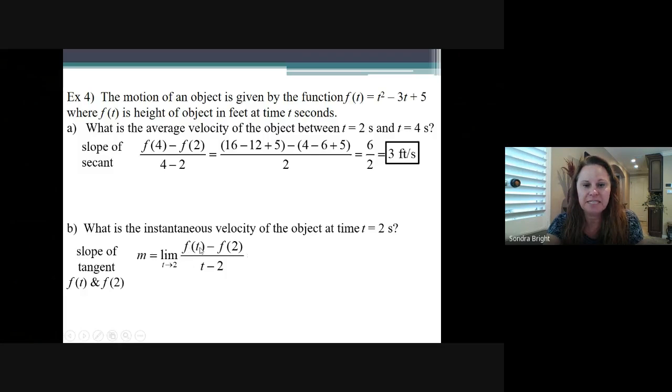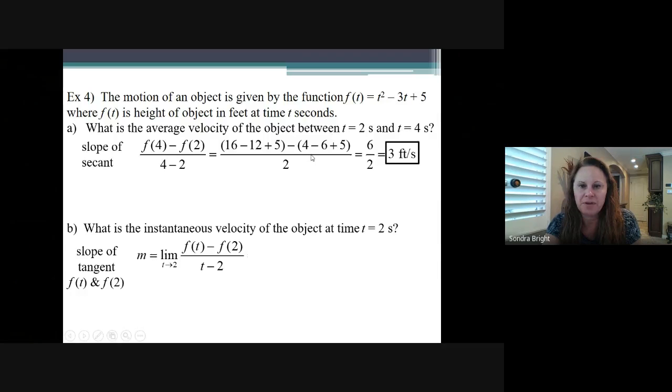You replace f of t with the function, t squared minus 3t plus 5, and subtract from it f of 2. We found it already, but you can plug it in again too: 2 squared minus 3 times 2 plus 5.